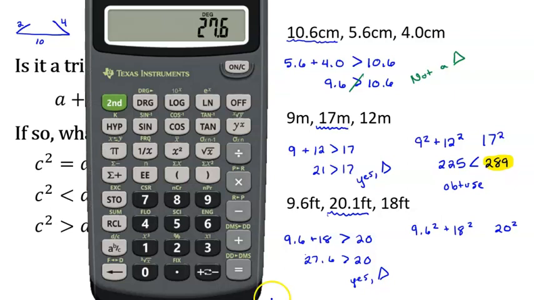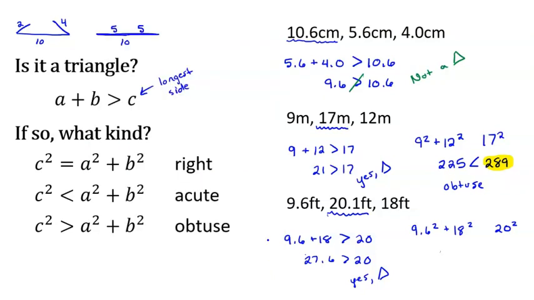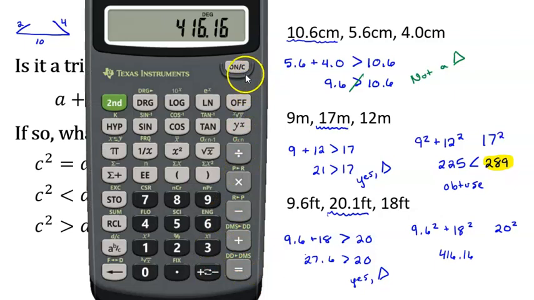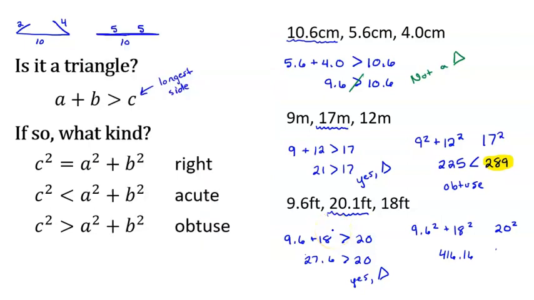So go ahead and just put that into your calculator. So we've got 9.6 squared plus 18 squared, and that gives me 416.16. And then from here, you could probably do this in your head, but we've got 20 squared, and that's going to give me 400.